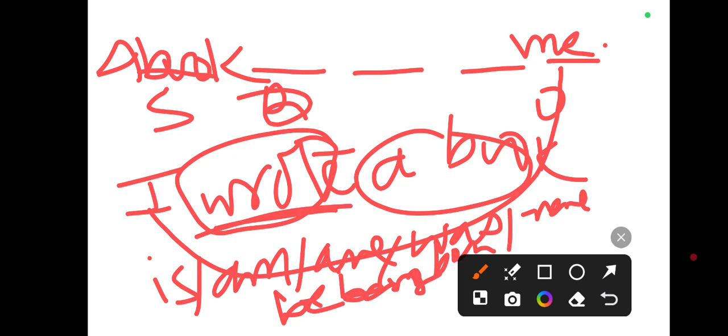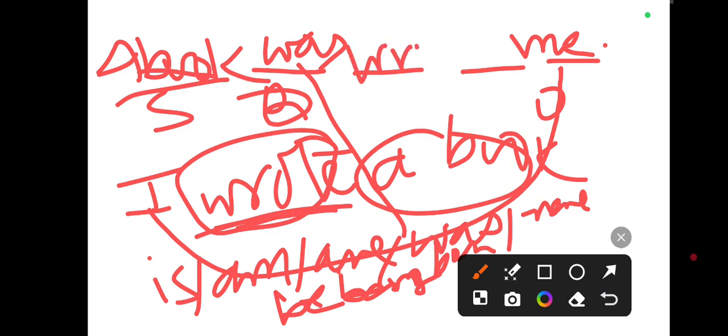This is the second form of verb, and our subject is singular. So that's past tense, second form. So was. Here we have to choose was. A book was. And then the rule says third form of main verb. So the third form of write is written. Written and then by me.